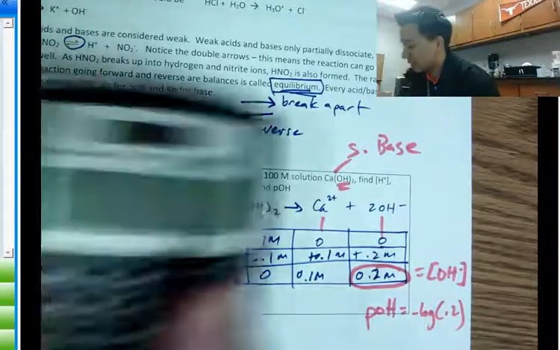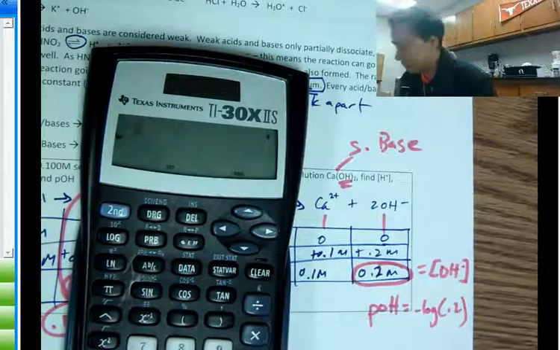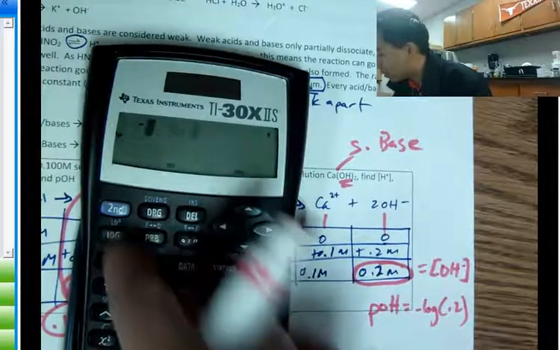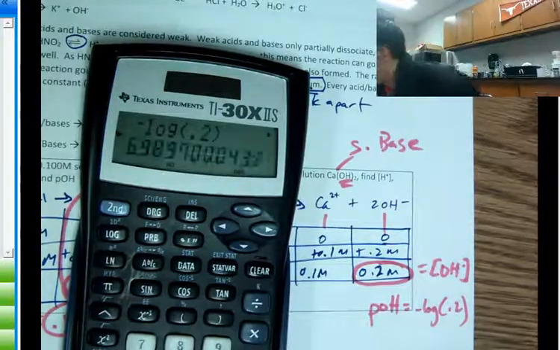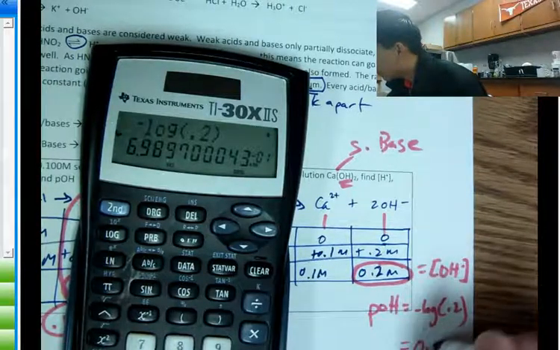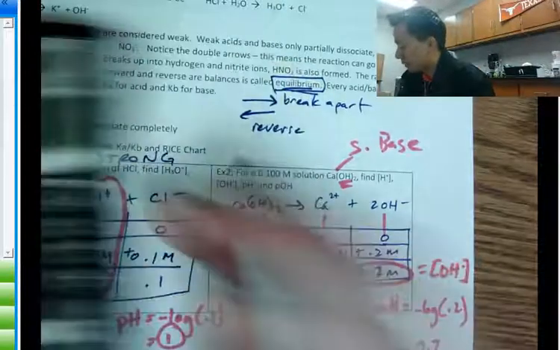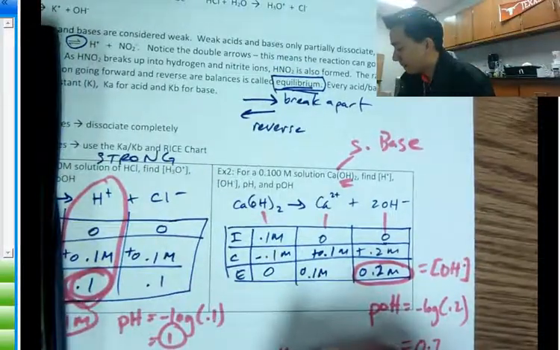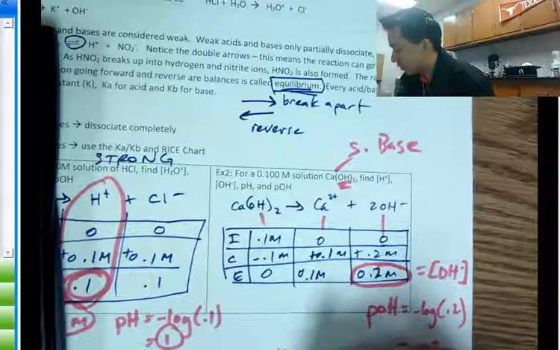That one is not as easy, so we use a handy dandy calculator. Negative log of 0.2, and we get 0.7. And so the pH must be 14 minus that, which is 13.3.